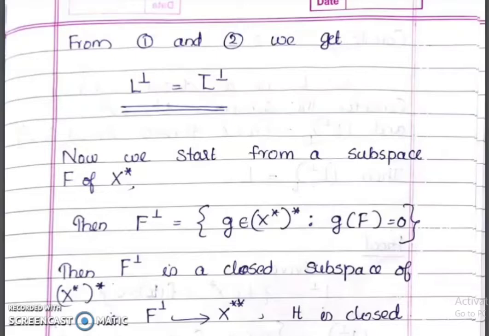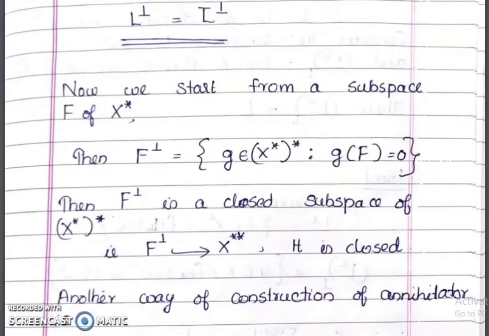And we have proved L perp is a closed subspace of X star. L is a subspace of X and L perp is a subspace of X star.